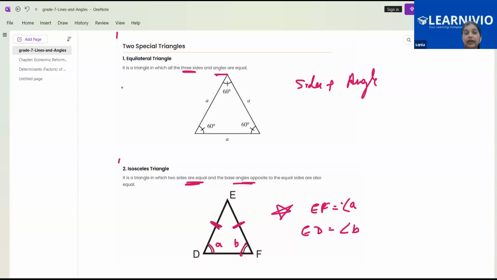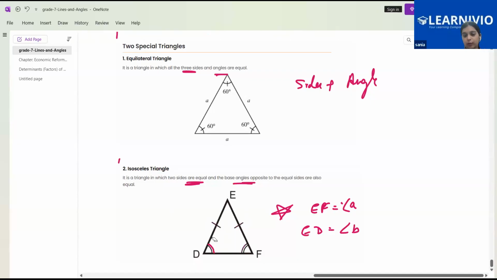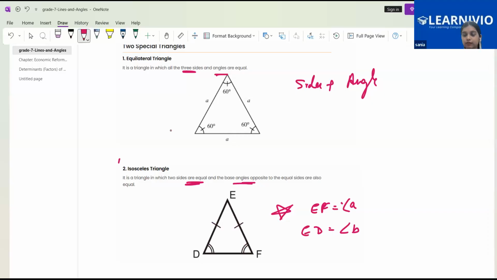Okay? Clear? Ma'am, my sister was also studying, I think last year only, about some equation that included the right angle. It said that the longest side has the largest angle.